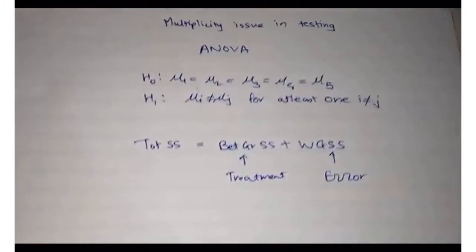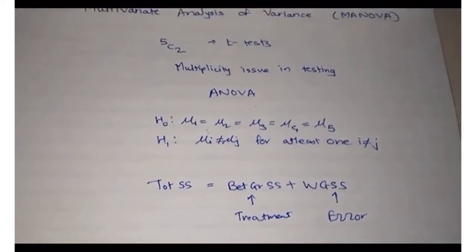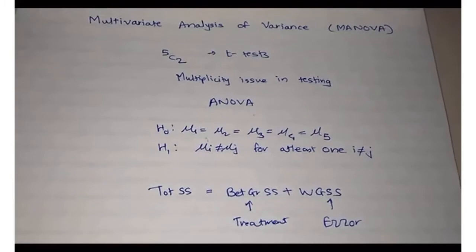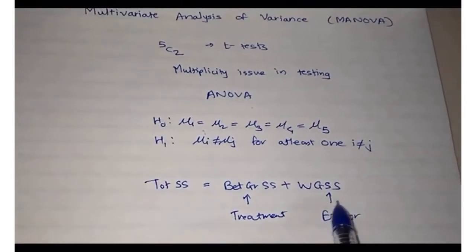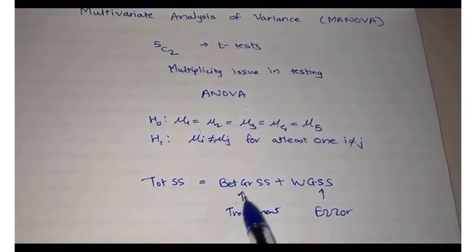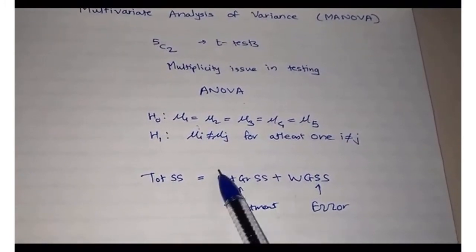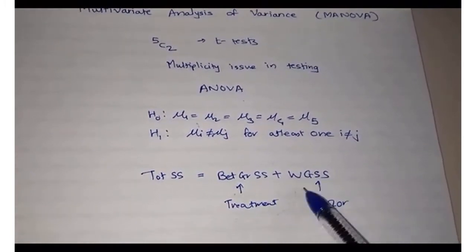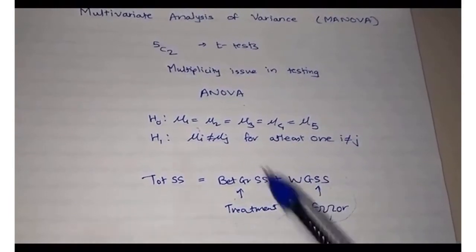So what we are trying to do is, if there is any variation, of course we are studying statistics because there is variation. So whatever variation is present in the data, we try to break down that variation into two components. The first component says, is there any known or assignable cause for that variation, which is given by treatment? And the second component says, is there any error component in it?